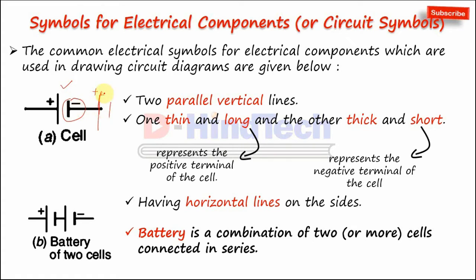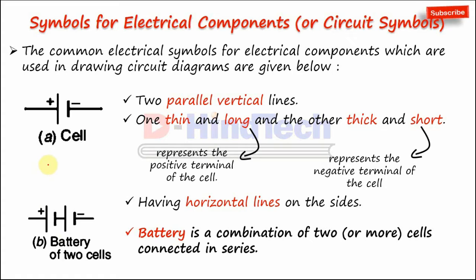After joining the second cell with the first cell, we get such a diagram, and therefore we say that this battery is of two cells. In this way we can form a symbol for a battery of a combination of two or more cells.